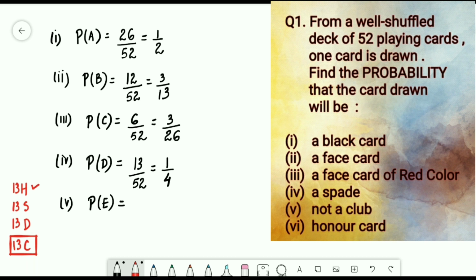Now we have these 3 choices. So our total number of cards is equal to 13 plus 13 plus 13, that is 39. So in this case we have 39 favorable cases out of 52, and the final value is 3 upon 4.